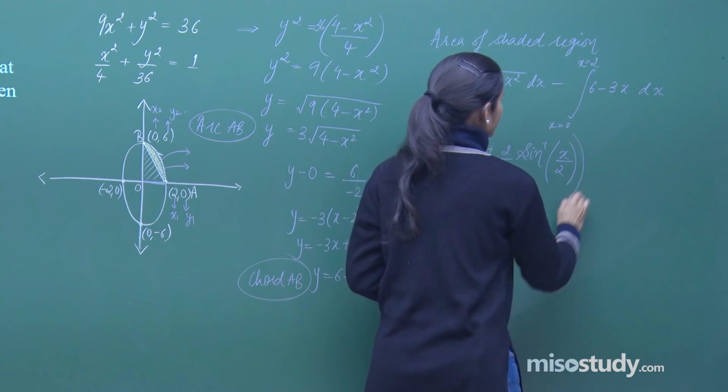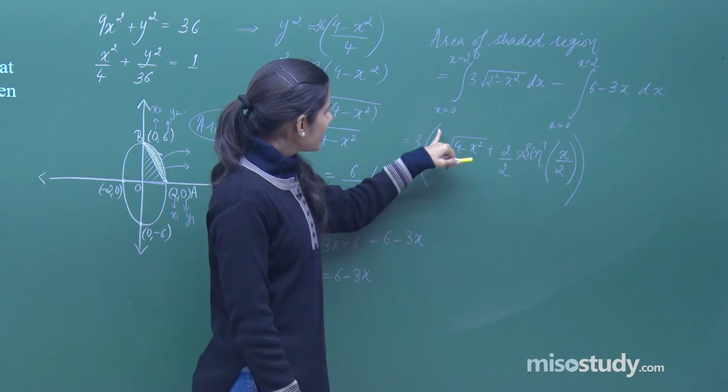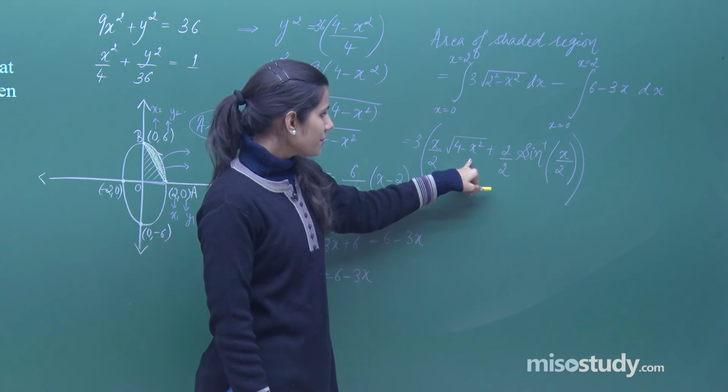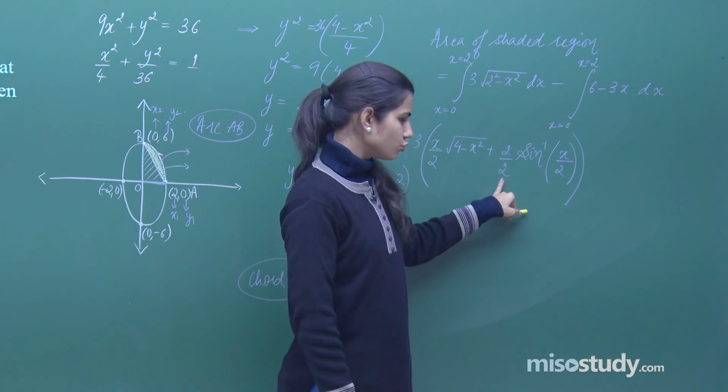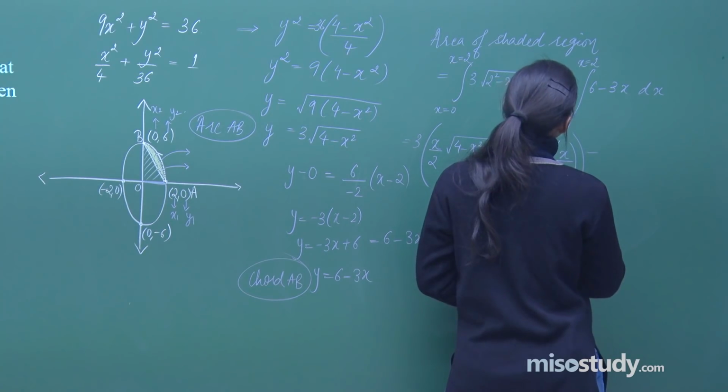So this is your integration of 2 square minus x square with a square root. It is x upon 2 root over a square minus x square plus a square upon 2 sine inverse x upon a plus c. So here you have what?